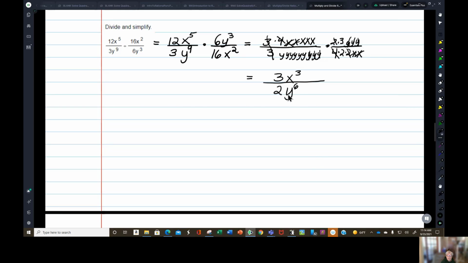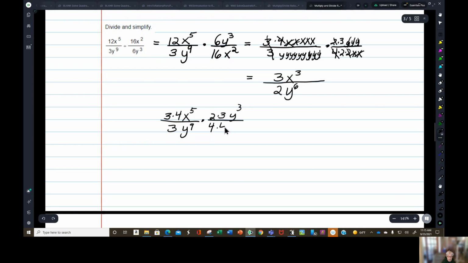And x and y are different bases, so I can't subtract the exponents. Let's see what would happen if I had used the rules of exponents. 3 times 4 times x to the 5th over 3 y to the 9th times 2 times 3, y to the 3rd over 16, which is 4 times 4.